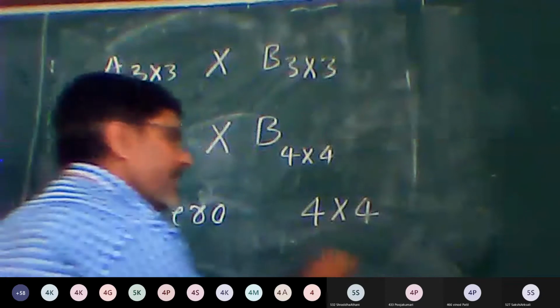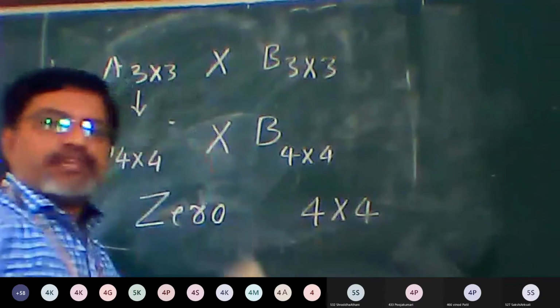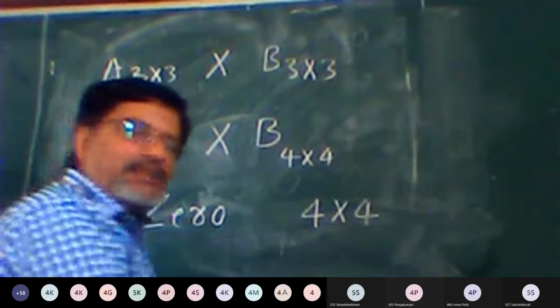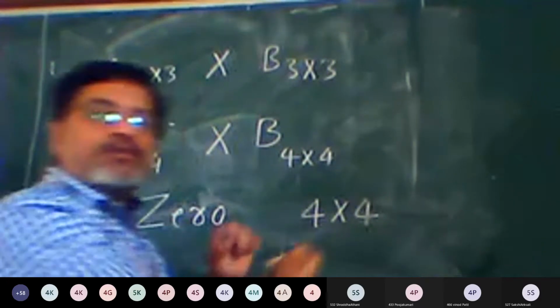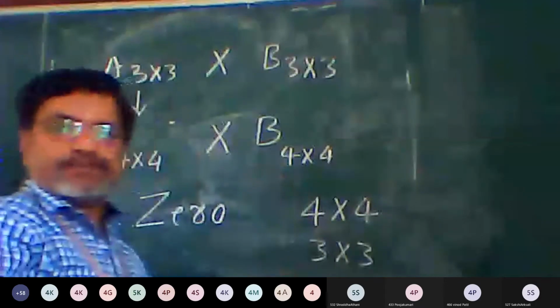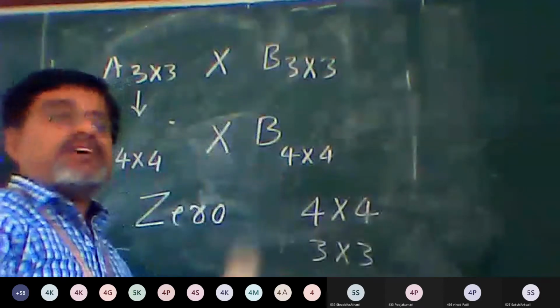The number of rows and columns we have inserted, we have to reject them. Once we reject, we again get a 3 cross 3 matrix.